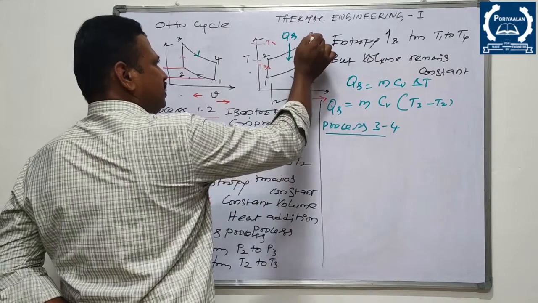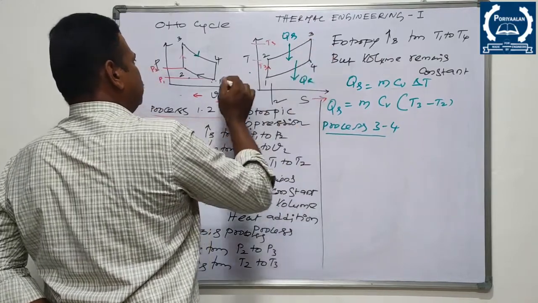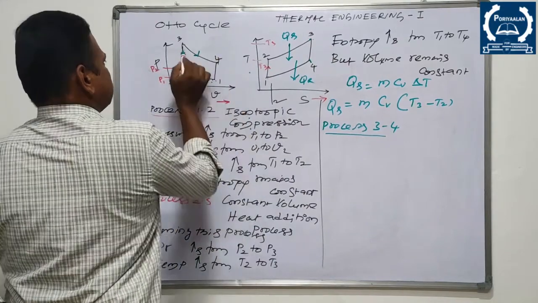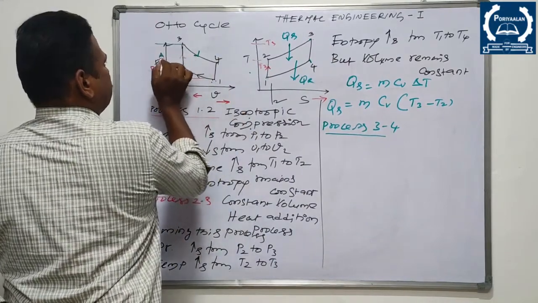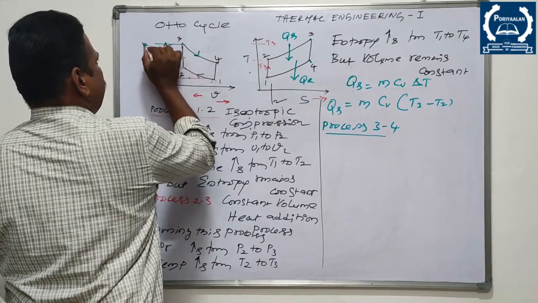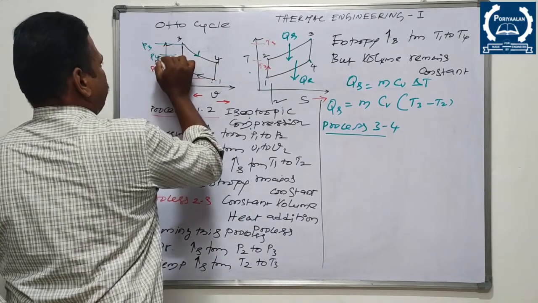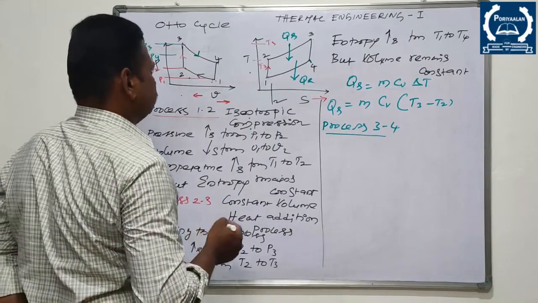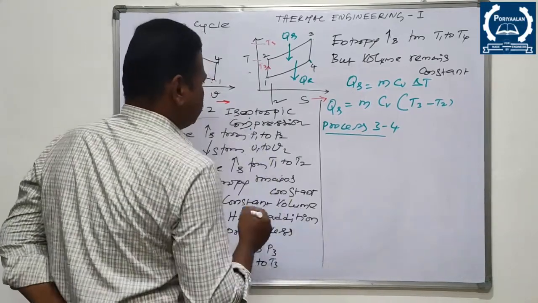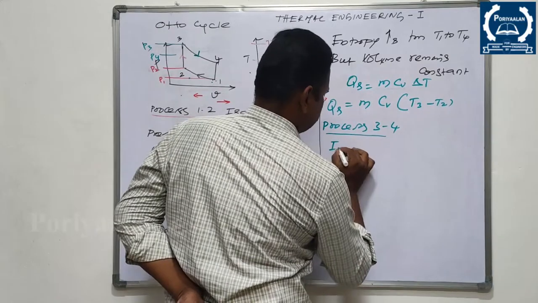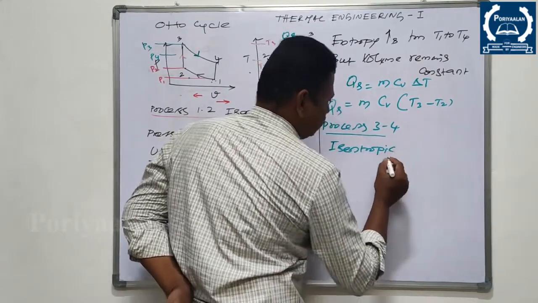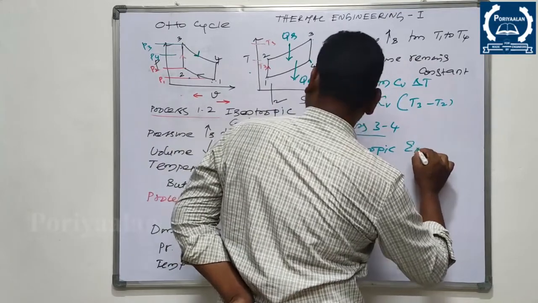Temperature decreases from T3 to T4. At the same time, volume increases, pressure decreases. Pressure you can find out here. Pressure decreases from P3 to P4, right? Process 3 to 4 is named as, what is that? Isentropic expansion process.